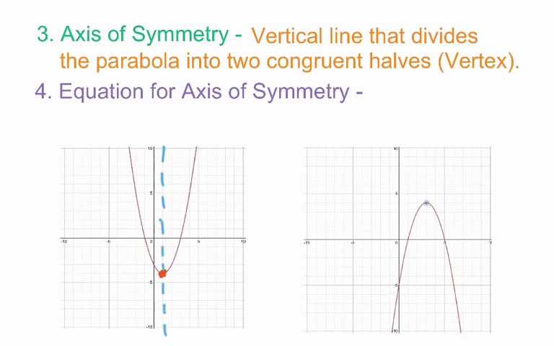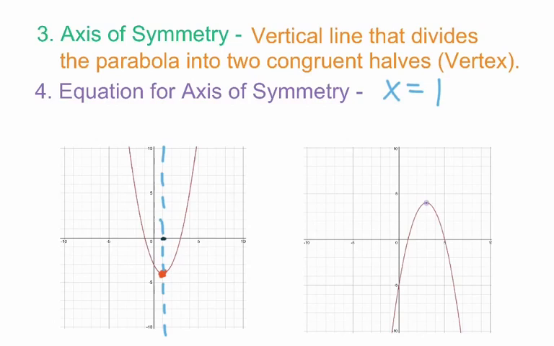And what x equals is how we're going to write it. At what value of x does the axis of symmetry go down? As we follow this line all the way down, it's crossing right at just 1 on the x, which is right there. So x is going to equal 1, and that's what we mean when we say equation for axis of symmetry. Not real crazy, just a basic x equals.